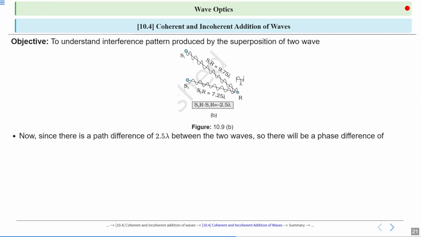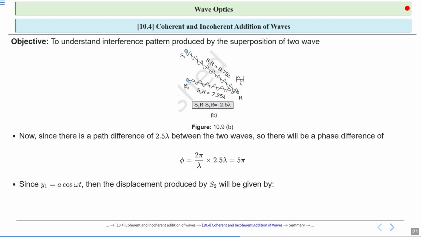So since there is a path difference of 2.5 lambda between the two waves, there will be a phase difference. If path difference is 2.5 lambda, we can find the phase difference. So phase difference will be equal to 2 pi by lambda multiplied by path difference, which is 2.5 lambda, which is equal to 5 pi. So y1 is equal to a cos omega t.